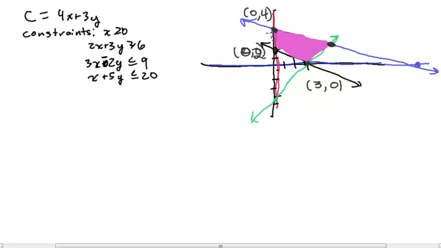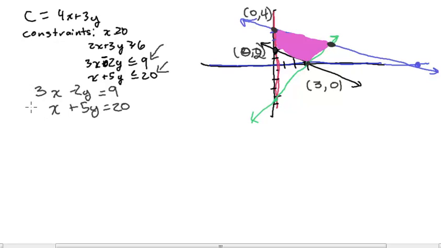Well, that point is the point of intersection of this line and this line. So we need to find the point of intersection of these two lines. So I'll set 3x minus 2y equals 9 and x plus 5y equals 20. I can do this using any method for solving a system of linear equations.